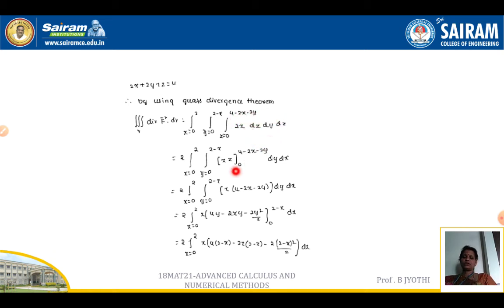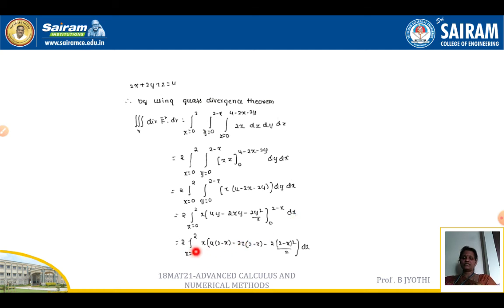So on integration, first with respect to z, 2 is taken outside, we get zx. Wherever z is there, it is replaced with 4 minus 2x minus 2y, and simplify this. Again, let us integrate this with respect to y. We get 4y minus 2xy minus 2y square by 2. The limit is substituted as 0 to 2 minus x, dx.